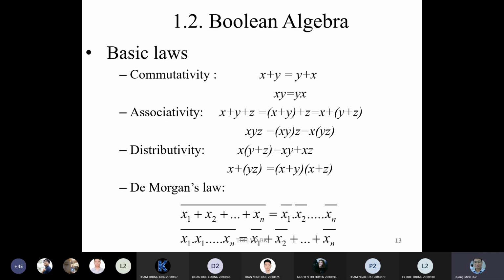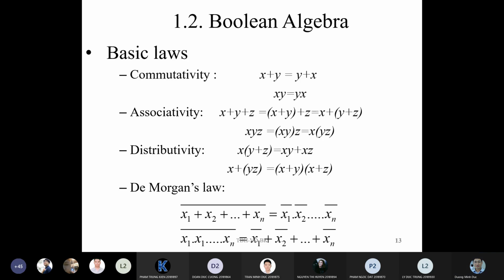This is the first homework today. Homework 1: prove the De Morgan law.